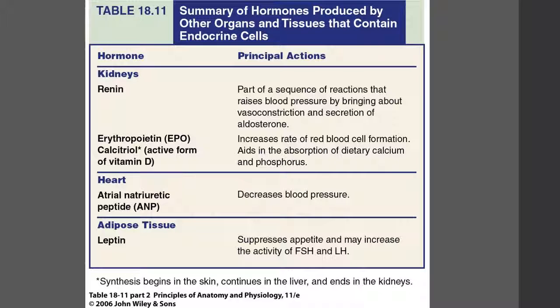The kidneys, we didn't talk much about renin. We'll talk a lot about renin when we get to the kidney next week. EPO. The heart, atrial natriuretic peptide decreases blood pressure. Leptin.